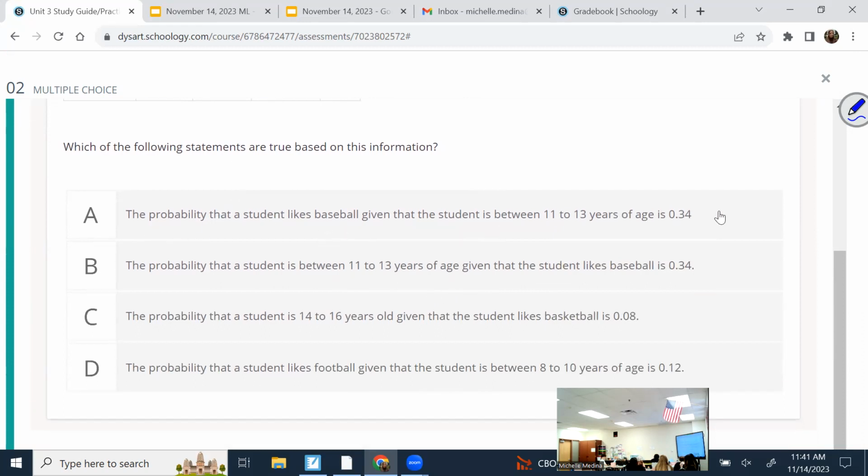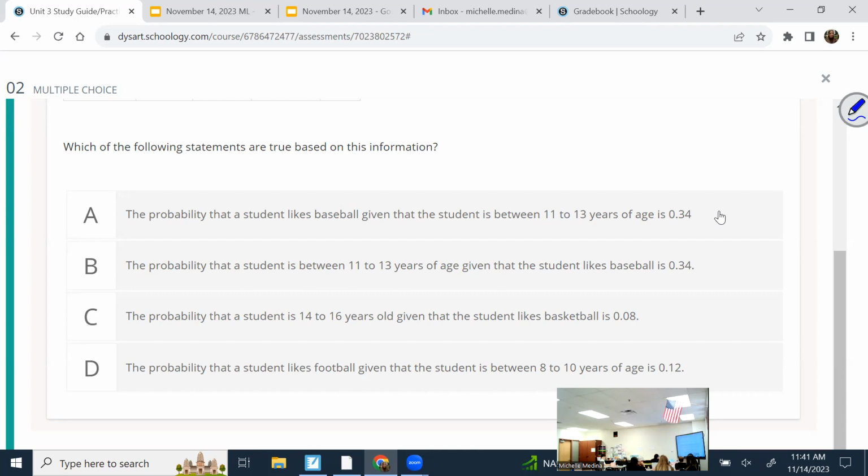I could throw a lot of vocab at you, but at the end of the day, you just have to read it carefully. And it's probably shuffled on yours, so make sure you pay close attention. On my screen, A says the probability that a student likes baseball, given that the student is between 11 to 13 years of age, is this value.